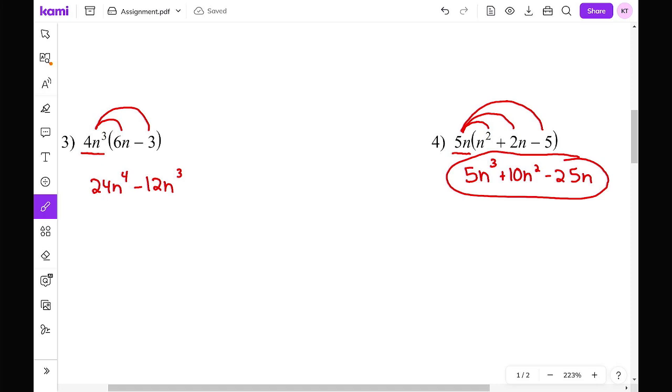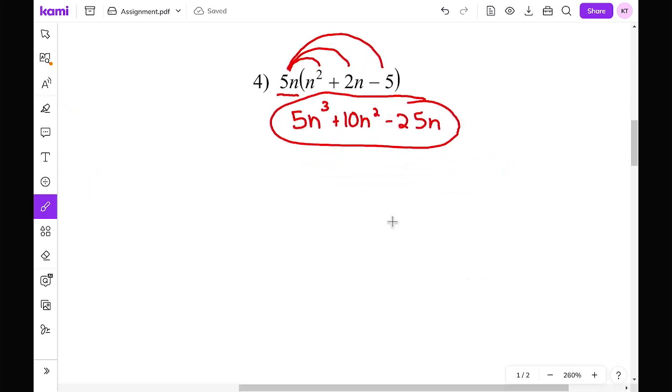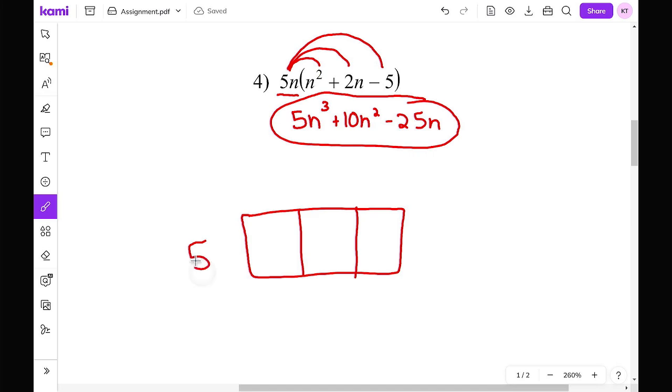Or again, just going to set this one up really quickly. We could do a 1 by 2 or a 1 by 3 box, which would give us the same answer. So it would look something like this if we decided to go that route. Again, it would give us the same answer when we go ahead and multiply everything out.